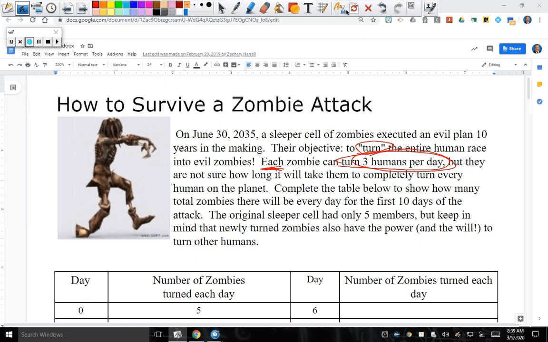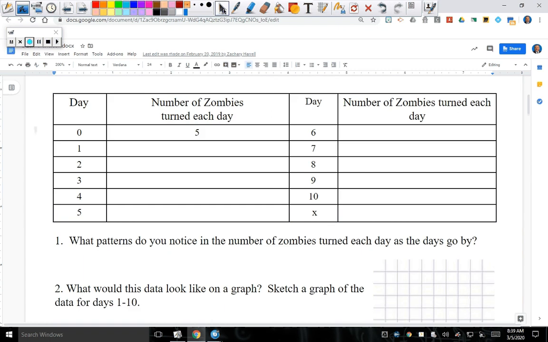That's the premise here. Alright, so let's go to the number of zombies. So on day 0, like the first day, the number of zombies there are 5. Okay? So if there's 5, how many zombies are turned on day 1? 15.